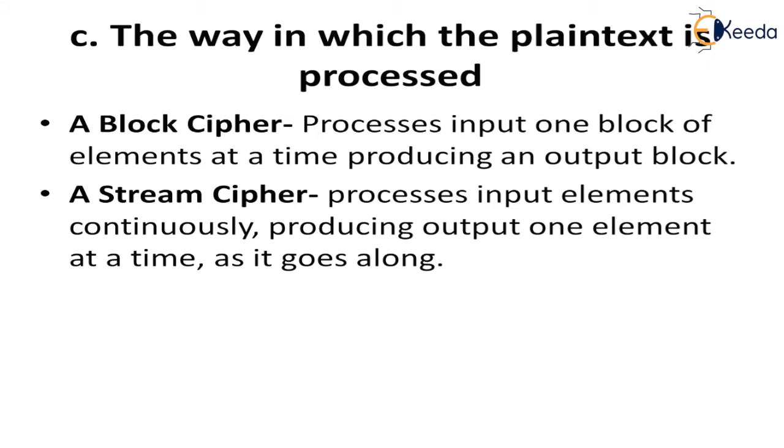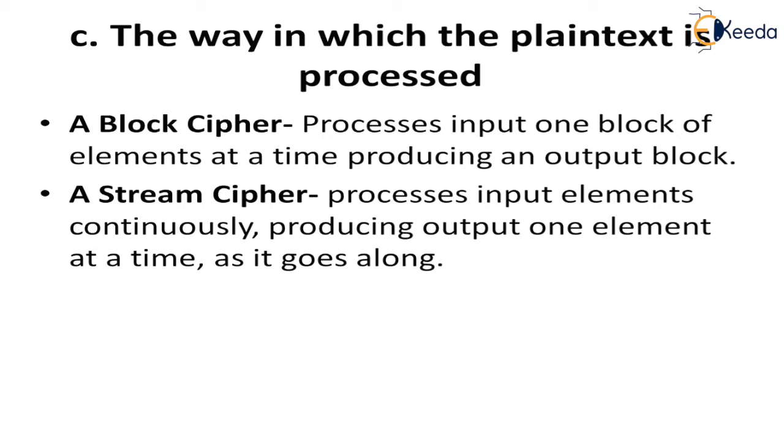Third type is the way in which the plain text is processed. There are two ways in which this plain text can be processed. First is block processing or block ciphering, and second is stream ciphering. Block ciphering processes the input one block of elements at a time, producing an output block.